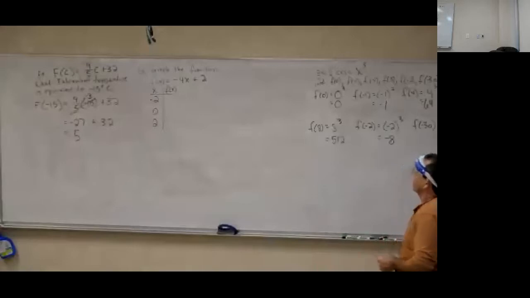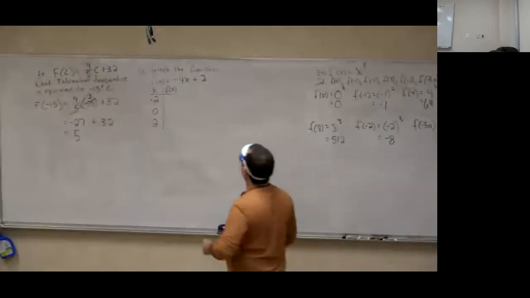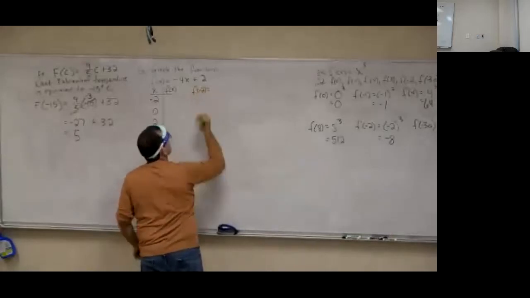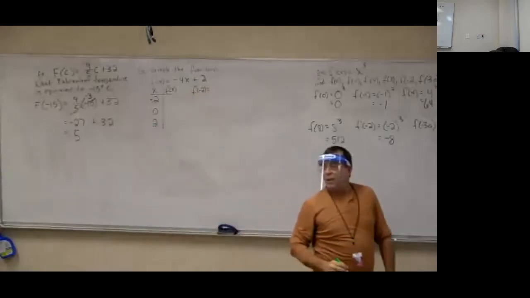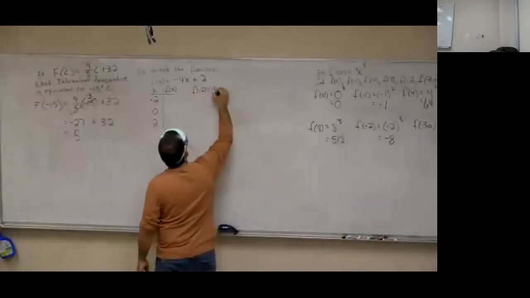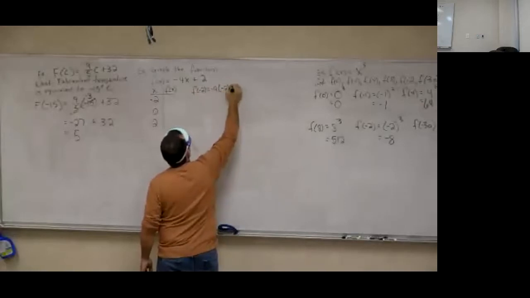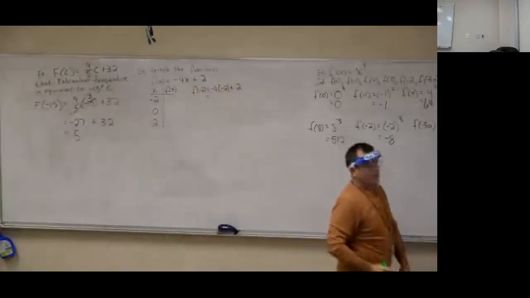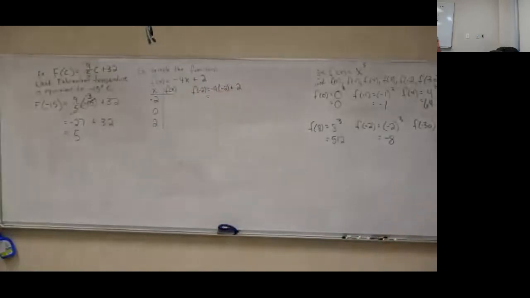So first I'll find f of negative 2. That's the first x value they gave me, right? So that'll give me negative 4 times negative 2 plus 2. When you're evaluating these expressions, you want to follow your PEMDAS.